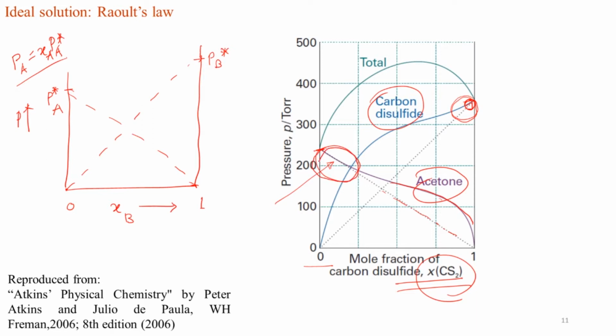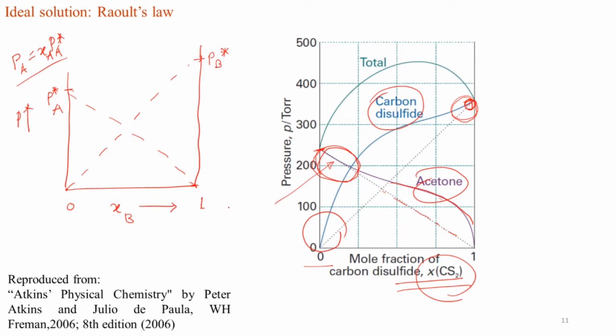For example, in this acetone and carbon disulfide mixture, when carbon disulfide was added in a very trace amount, the ideal solution would be this part, and you see that in that part it actually deviates very largely. So the approximation that PB is proportional to PB star is wrong.